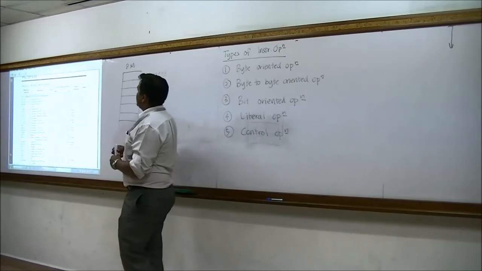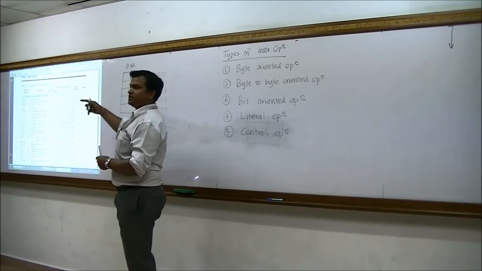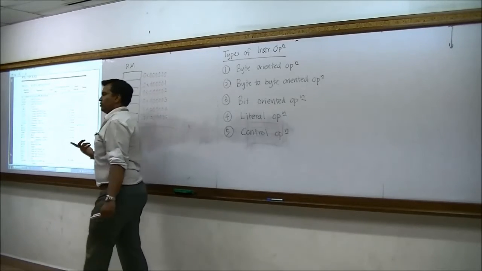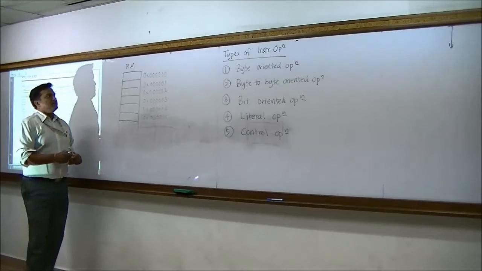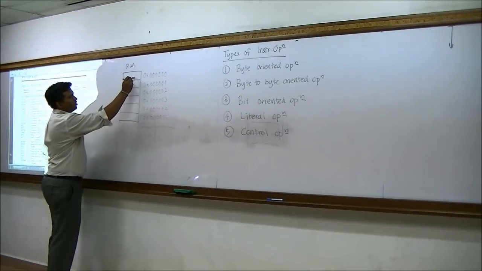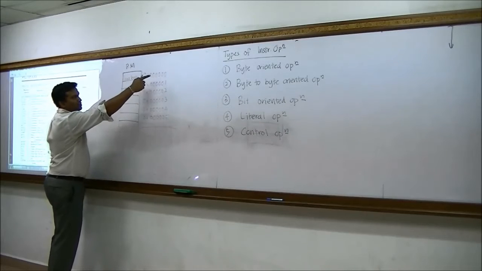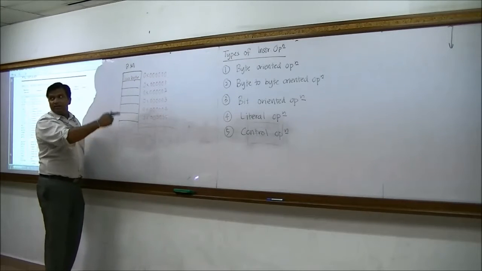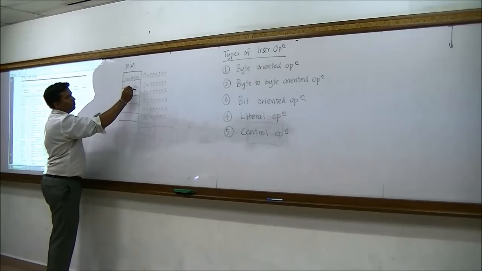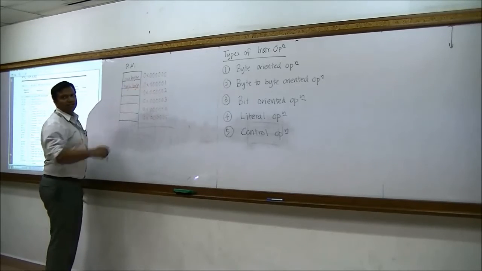So this is, let's say the instruction consists of 16 bits. For one location we can only store 8 bits. So the lower byte will be stored in the lower address because the address increases like this, right? And then the higher byte is stored at higher address.